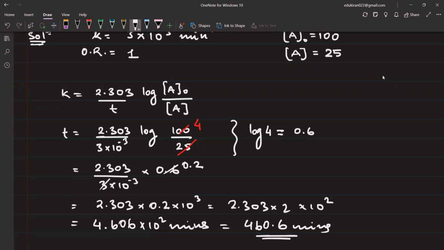Okay, so I don't think this was very tough. It was kind of an easy type of question. Done, everyone? Write this down. I hope most of you were on the right path.